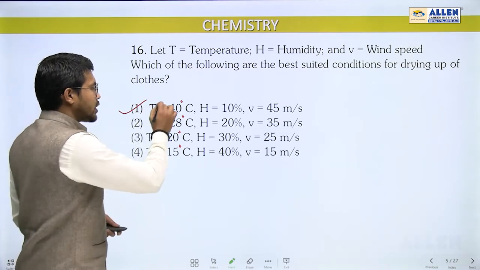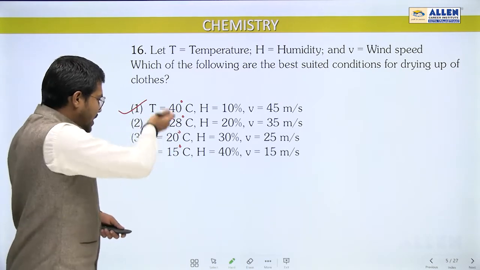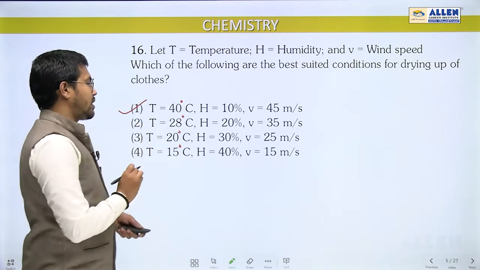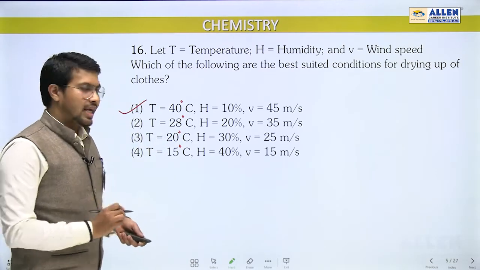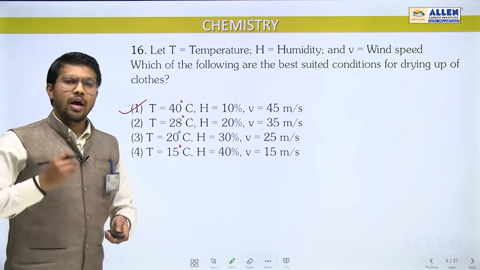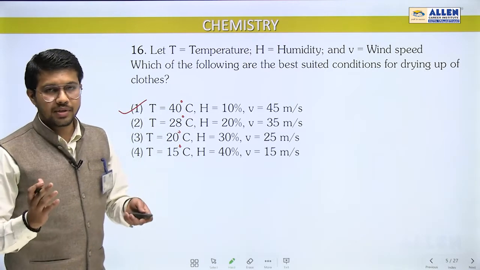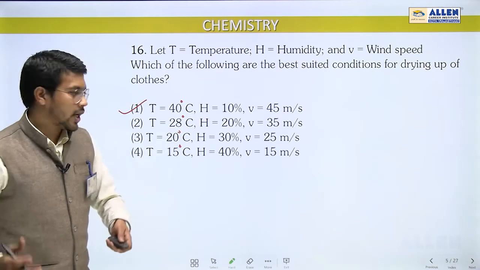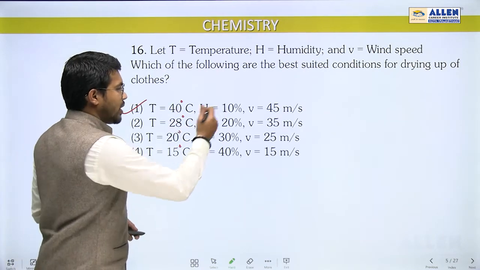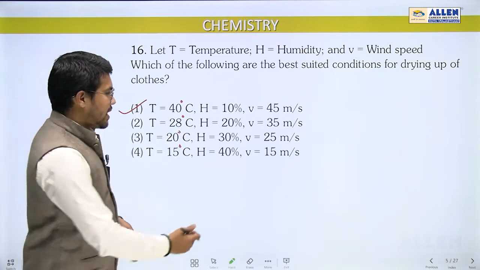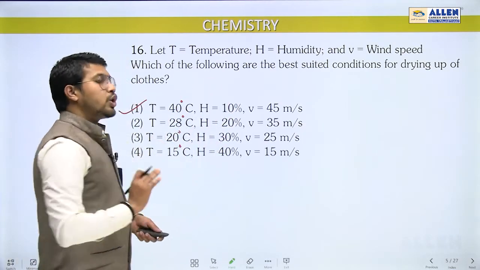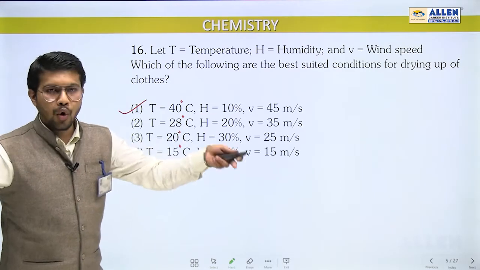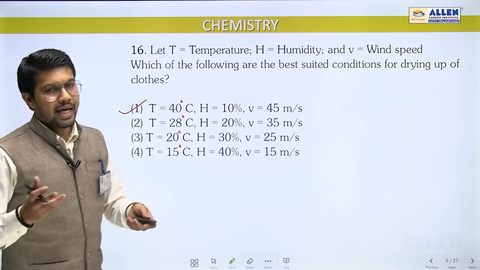Because the temperature is 40 degrees Celsius, the highest temperature among these options. Obviously, with a higher temperature, clothes will dry very fast. Next, humidity is 10%, which means among all these options, humidity is the least. Obviously, less humidity means more evaporation, so clothes will dry easily.